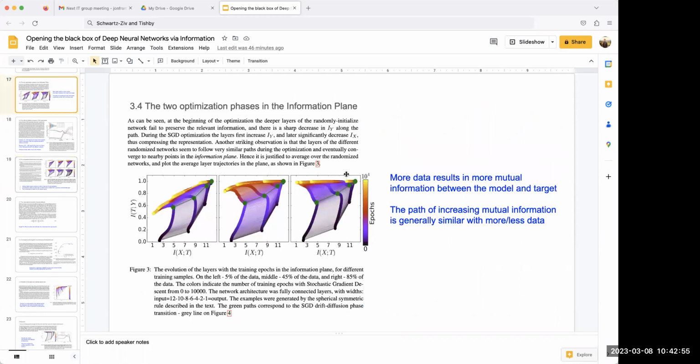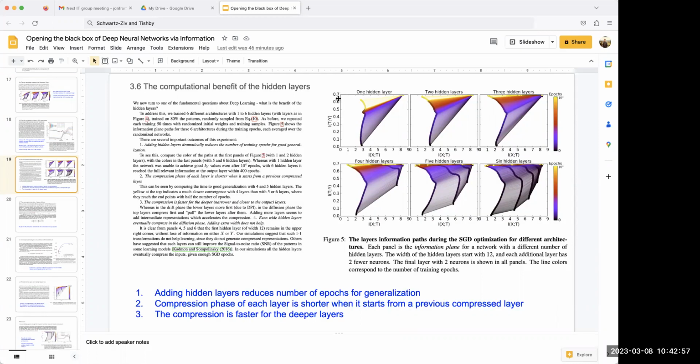I'm just seeing now that the y-axis here only goes to 0.7 in this plot, which I didn't catch before.